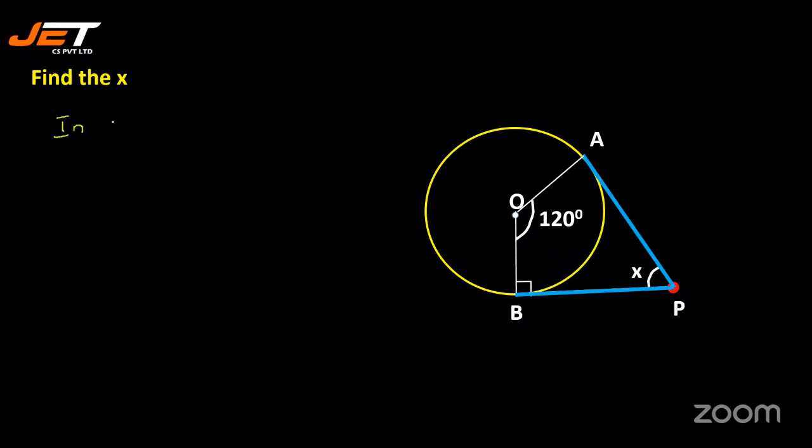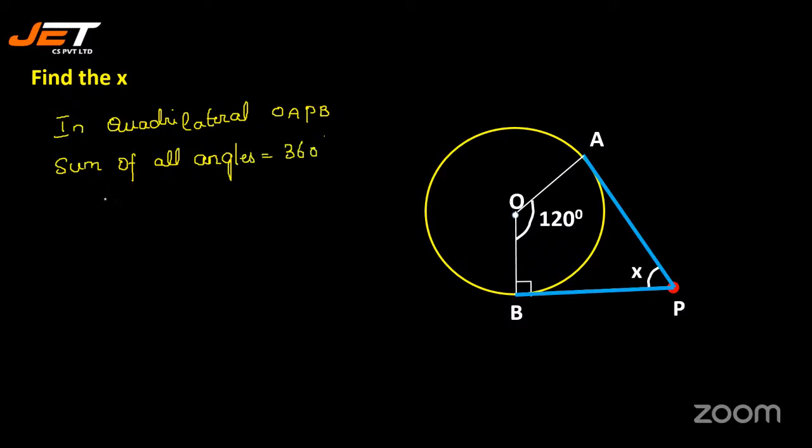So in quadrilateral OAPB, the sum of all angles is equal to 360.